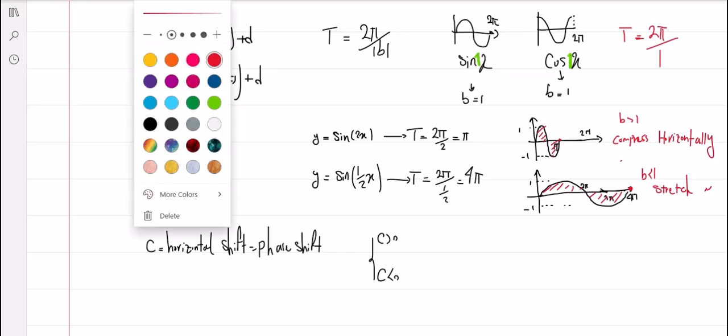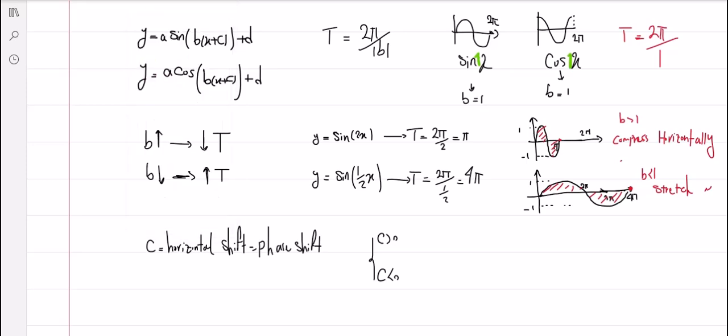So we say the function is going to be shifted to the left side by the value of c horizontally. And if c is a negative value, it's going to be shifted to the right horizontally by the value of c.